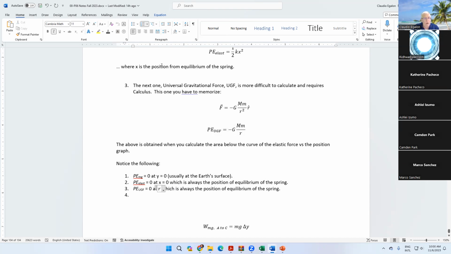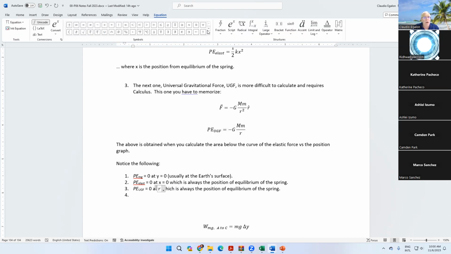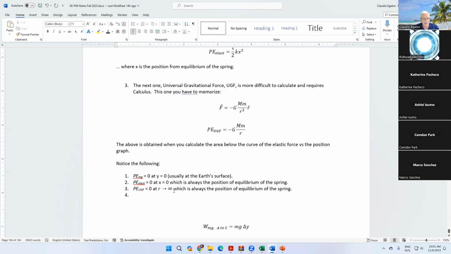This term is going to be 0 whenever r goes to infinity. Let's see, where is infinity here? Right in here.